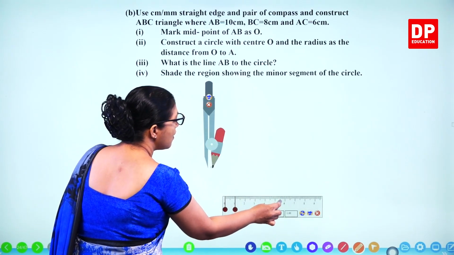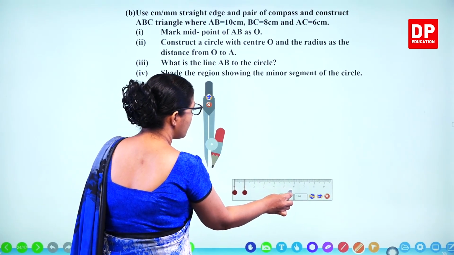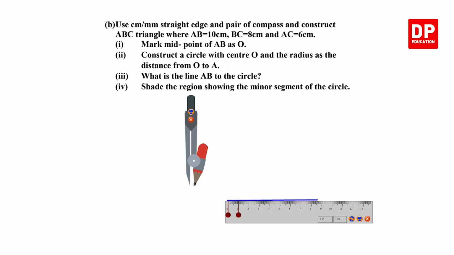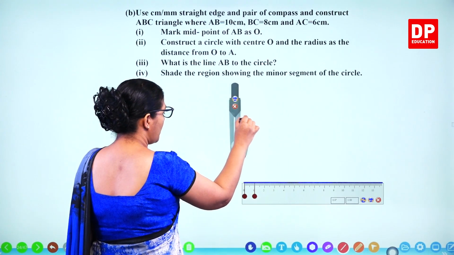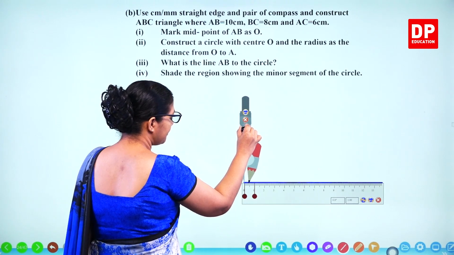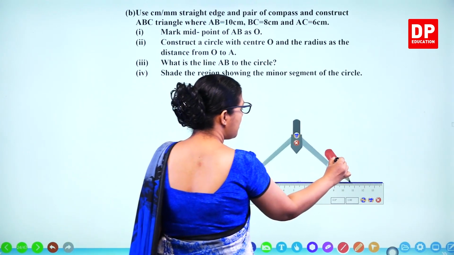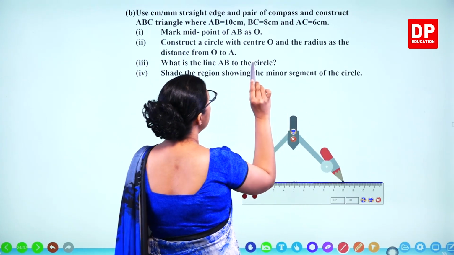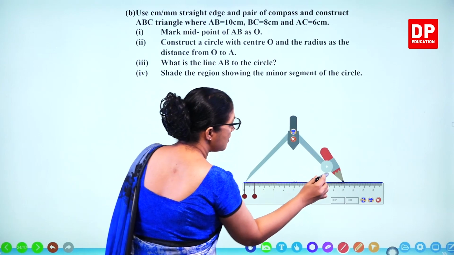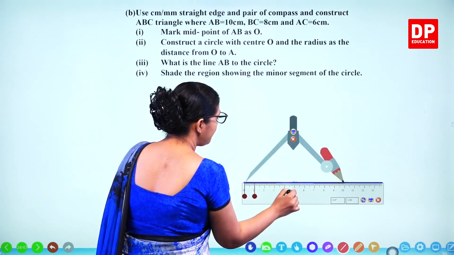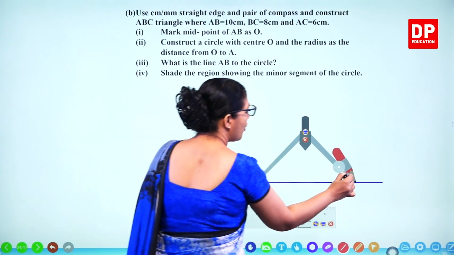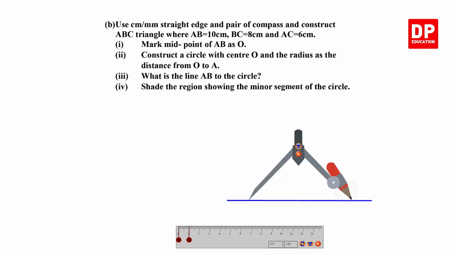First we can draw a line segment, and then take 10 centimeters first. We can draw the AB line, 10 centimeters.